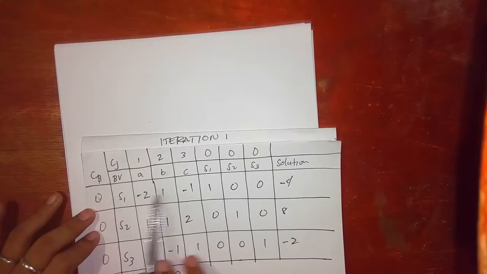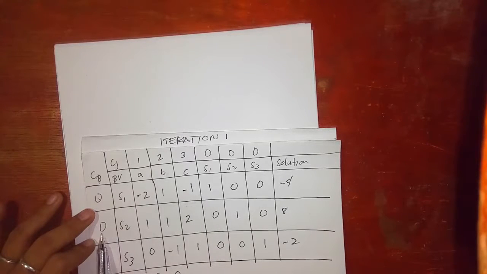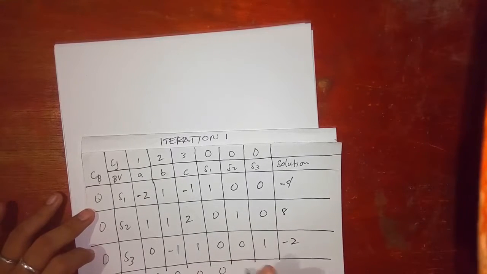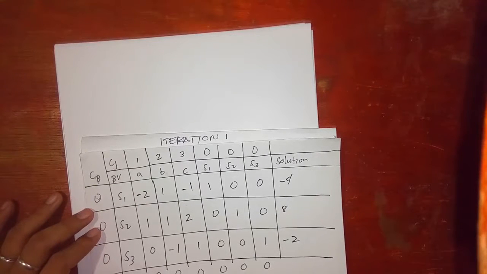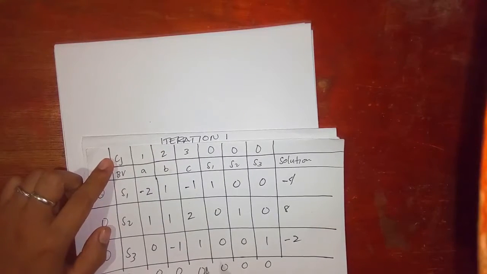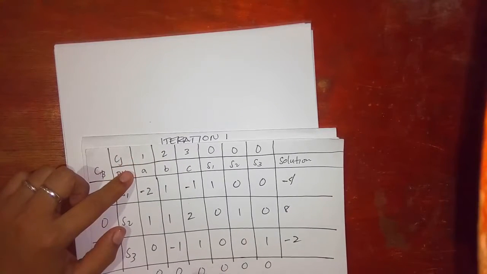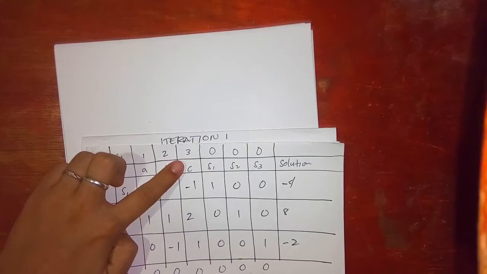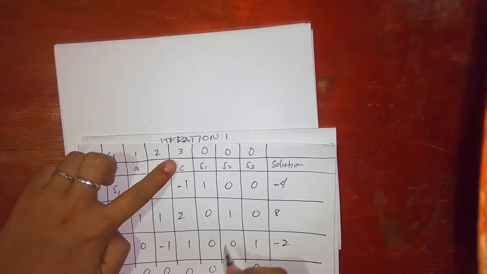Next, 0 into negative 1 plus 0 into 2 plus 0 into negative 1 is 0. Next, we get Cj minus Zj: 1 minus 0 is 1, 2 minus 0 is 2, 3 minus 0 is 3, 0, 0, 0, and 0.